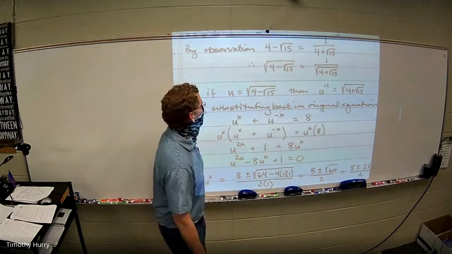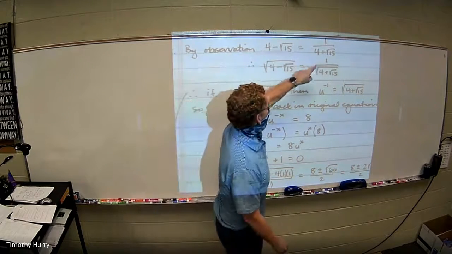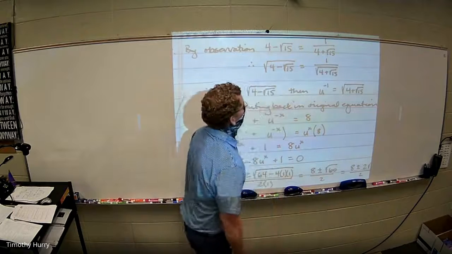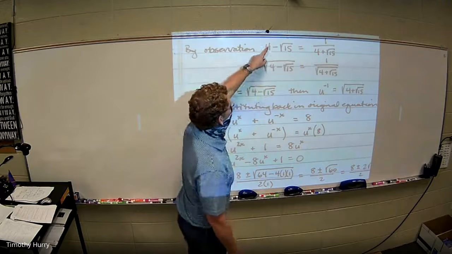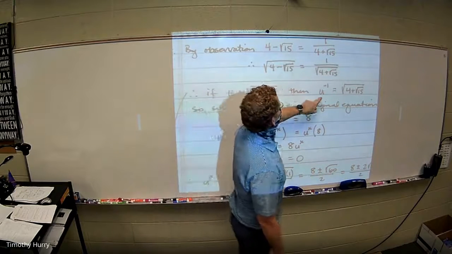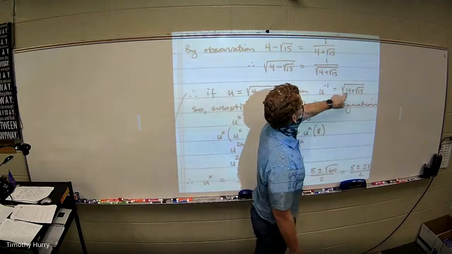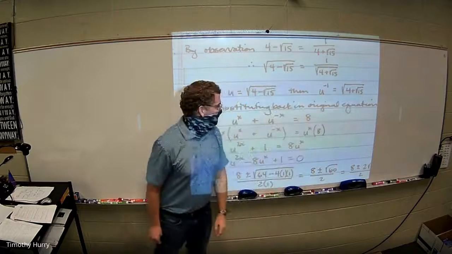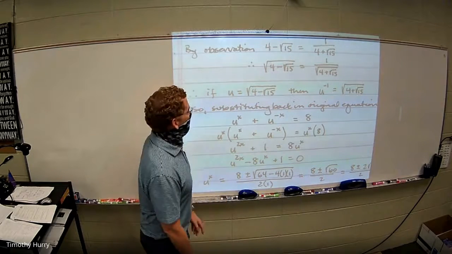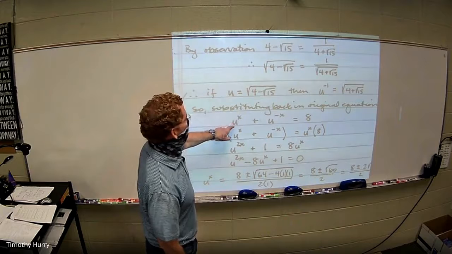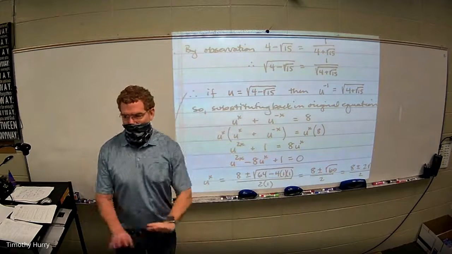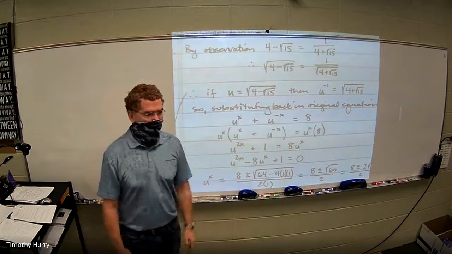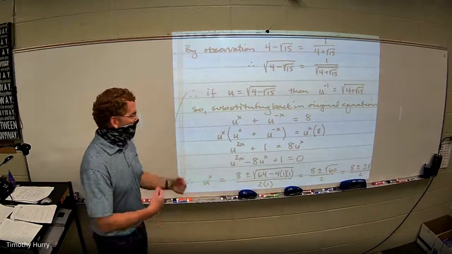So I said, well, if that's equal to that and that's equal to that, then couldn't I argue that if u equals this, then u to the negative 1 equals that? So what I did is I replaced those two values with u and u to the negative 1, which again is a huge stretch on your ability to process and think.